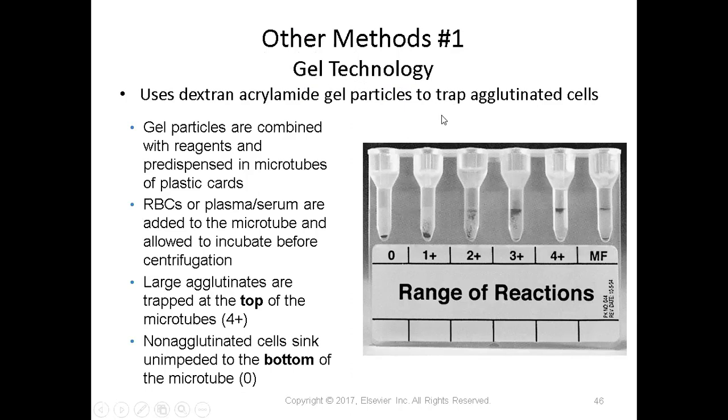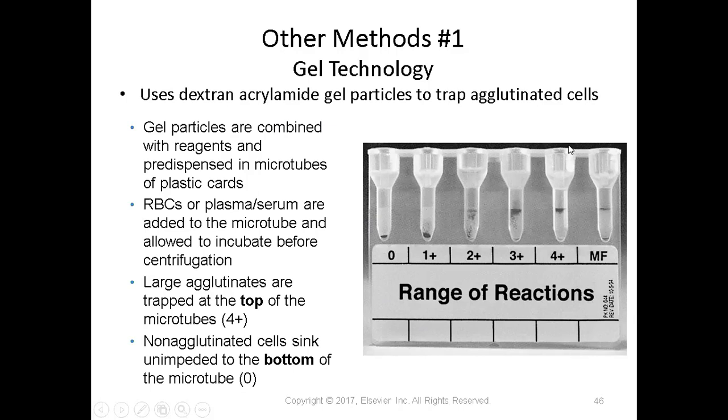So basically, this is a picture of a gel card, and the card has 6 microtubes in it. This is about the size of a credit card. Okay, so it's enlarged here, and each microtube has these polyacrylamide or dextran acrylamide gel particles in the bottom of the tube.